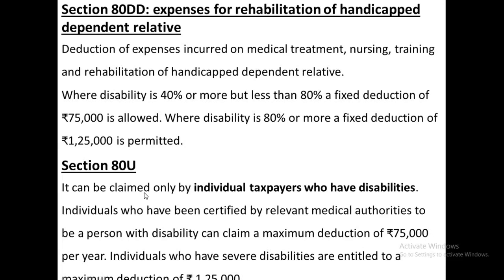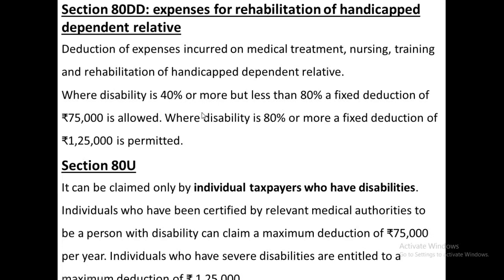For example, here the assessee has incurred expenses for rehabilitation of a handicapped dependent relative of rupees 25,000. The percentage of disability is 50%.